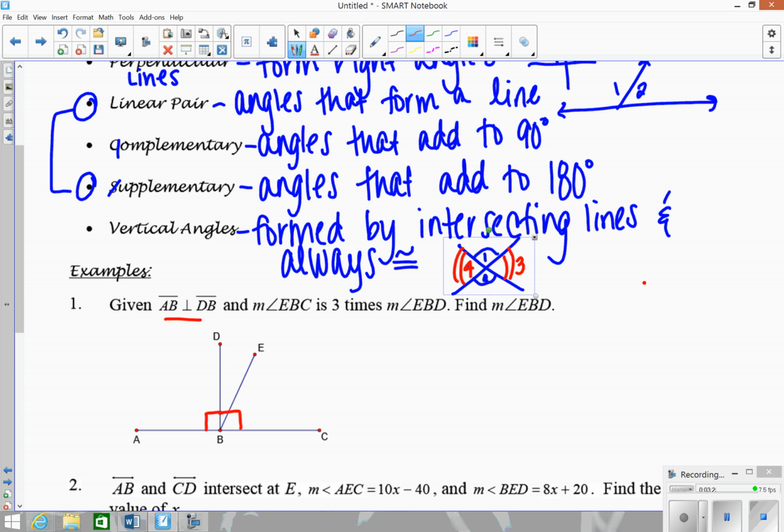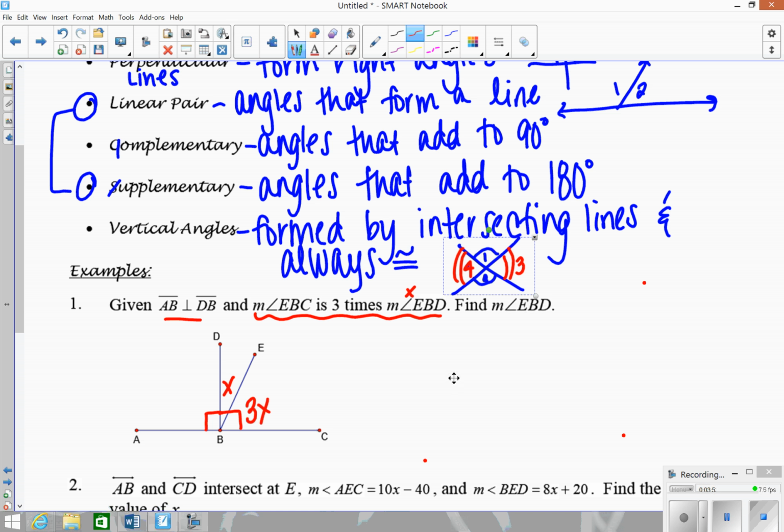Then we have that angle EBC is 3 times angle EBD. EBD, I'm going to call X because I don't know what that is, so this angle is 3X. We want to find the measure of angle EBD, which really means find X.